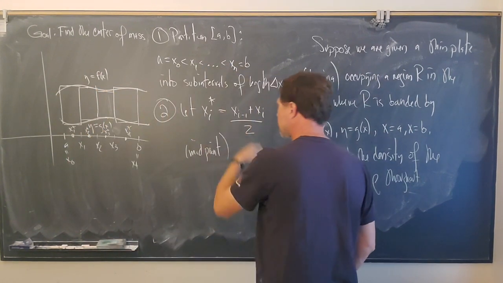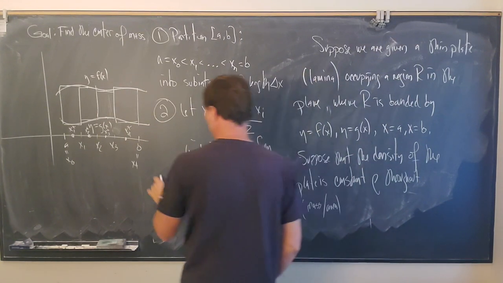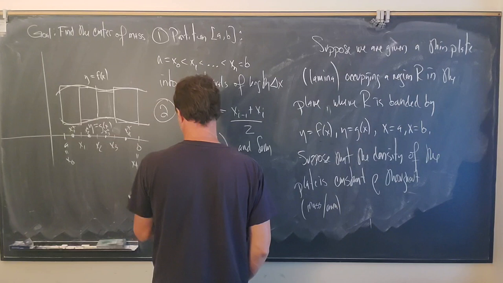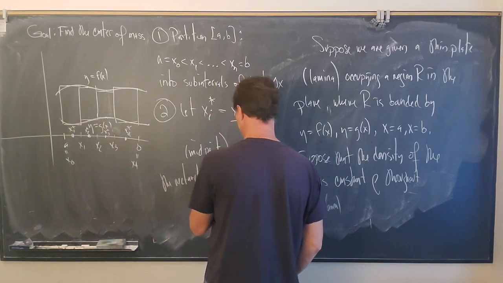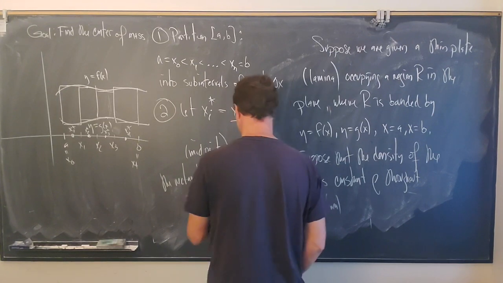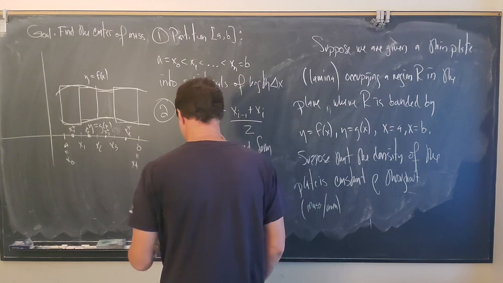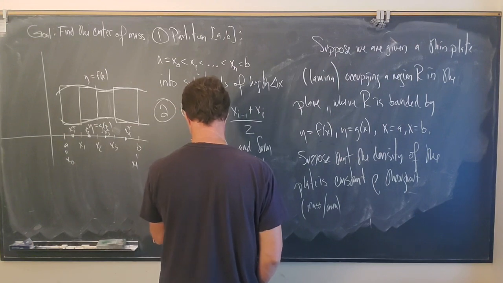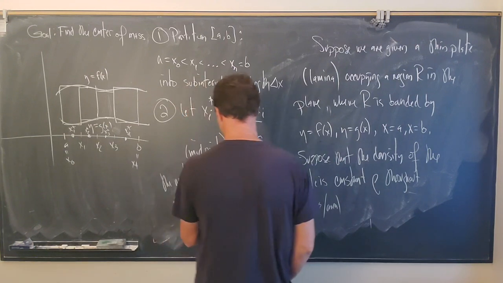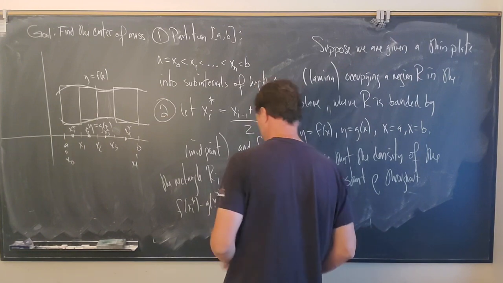Okay, so let me finish this and form the rectangle. Let's call it R sub i with height. Well, the height will be f of xi star minus g of xi star, and base delta x.